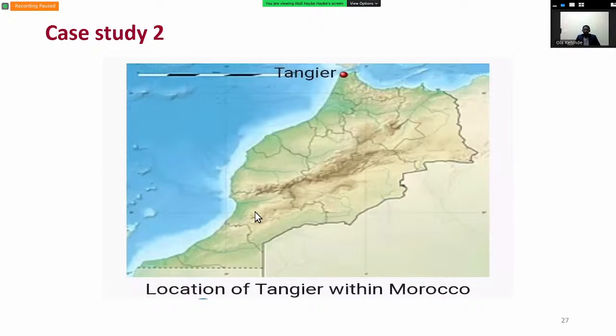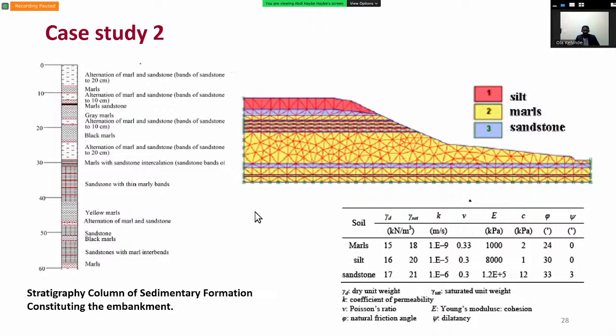The geological setting of the Tangier area where the railway failure occurred is as shown on the left side of the slide. Field tests and laboratory parameters were taken, a geometrical model obtained, and calculations were carried out based on this profile you can see on the top. Next slide, please.